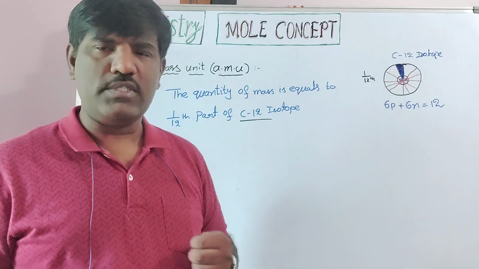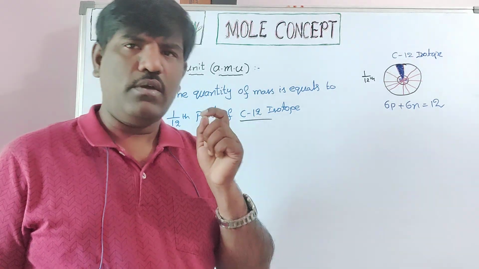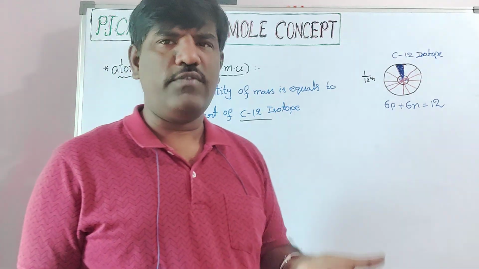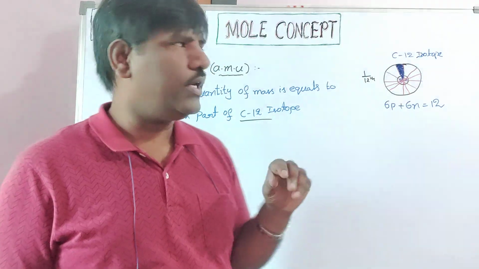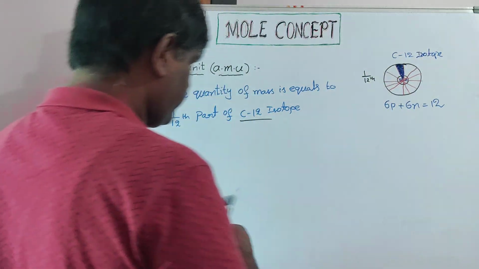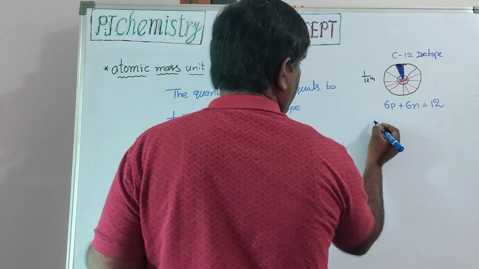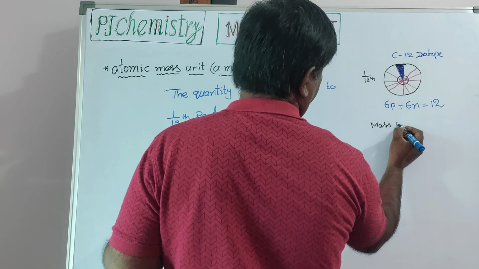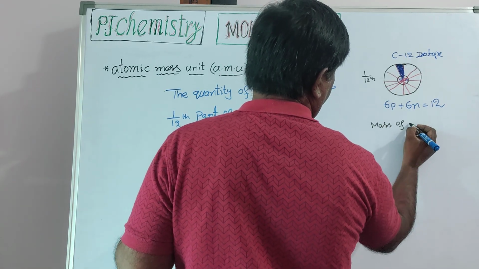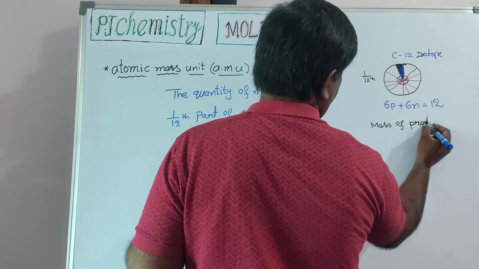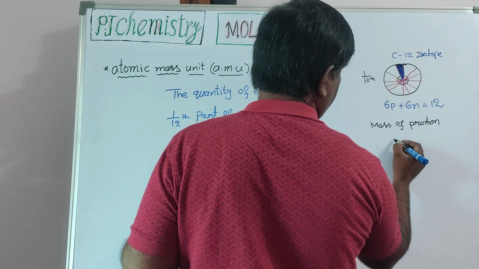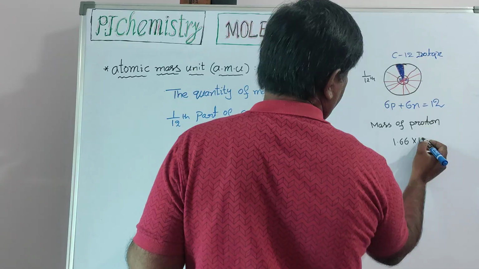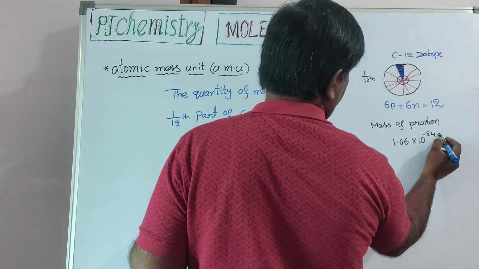The mass of a proton is 1.66 into 10 to the power of minus 24 grams. Mass of neutrons is the same value, nearly the same value for both. That is the average value. Mass of proton is 1.66 into 10 to the power of minus 24 grams.